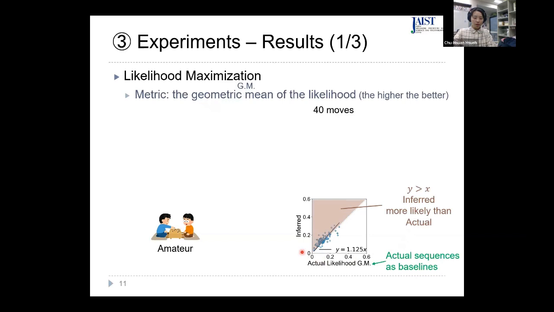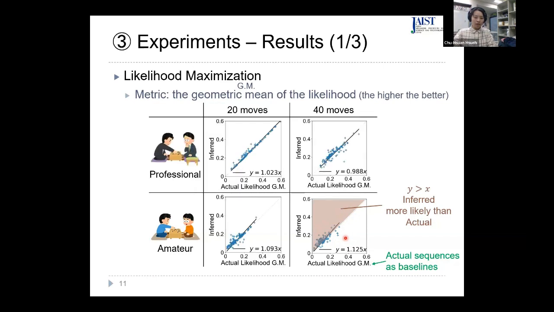So in this plot, if y is greater than x, it means that the inferred move sequence is more likely to be played than the actual sequence. We can see in some cases the inferred sequence looks more natural than the actual one, and in some other cases the actual sequence has higher likelihood.